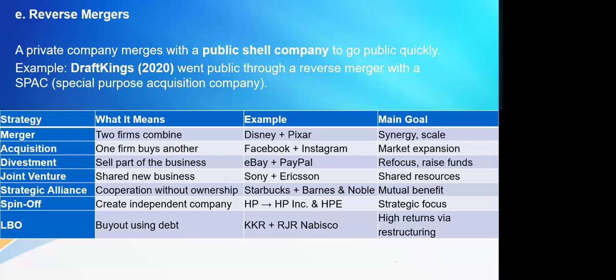Then you can concentrate on your core business. If your core business is Facebook or whatever, eBay, then the other business is not your core business, so we can sell that part of the business and increase your funds. It is a fundraising activity.